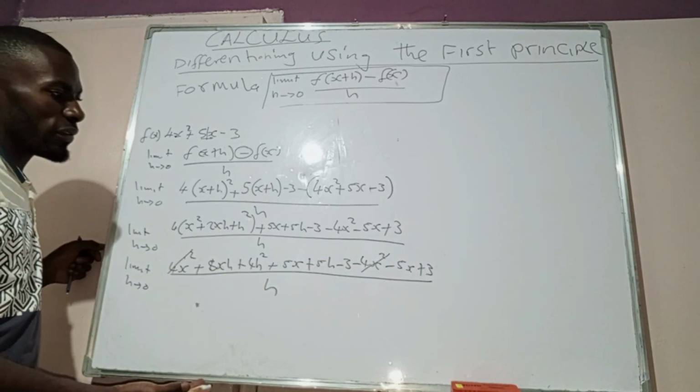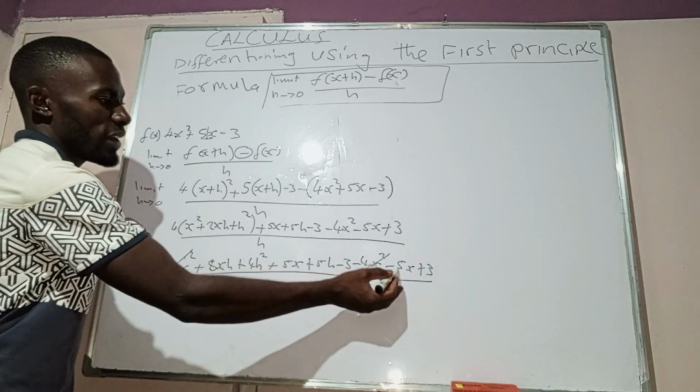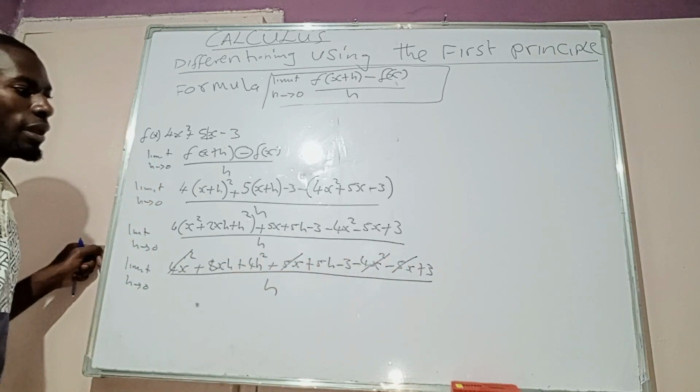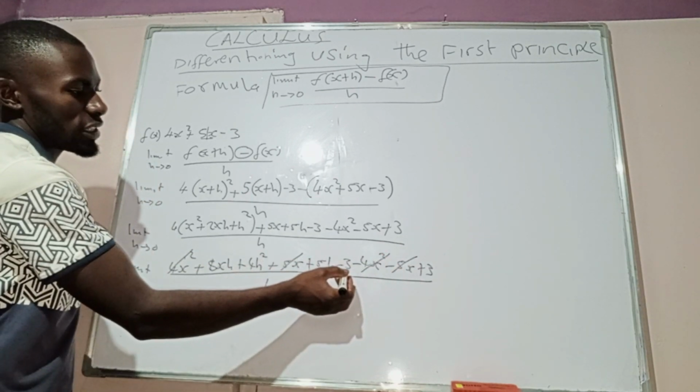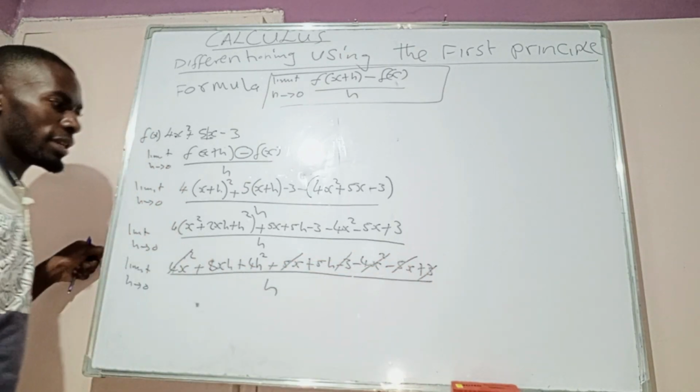Which other one do we have? We have 5x, which is a positive, and we have another 5x, which is a negative. So these also, when you subtract, they'll give you a 0. We have also negative 3 plus 3. We are going to have also a 0.